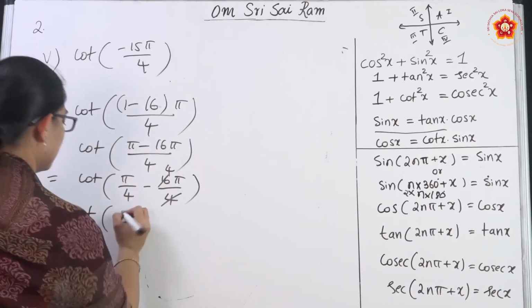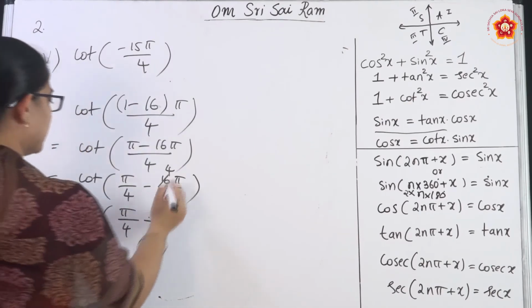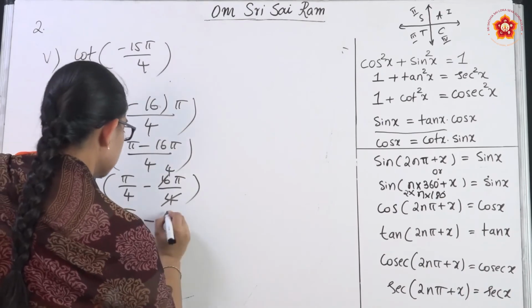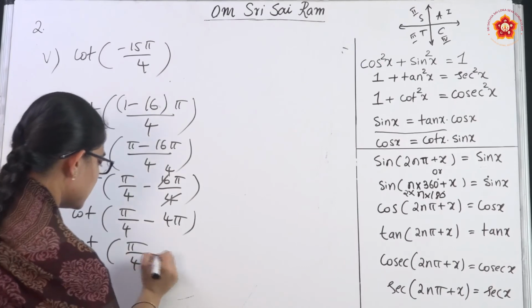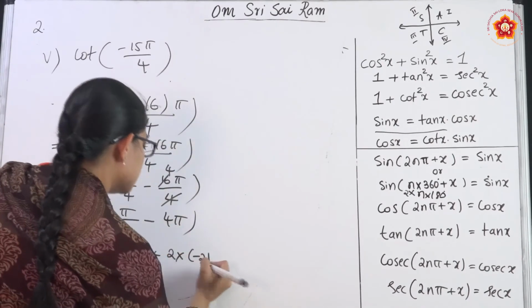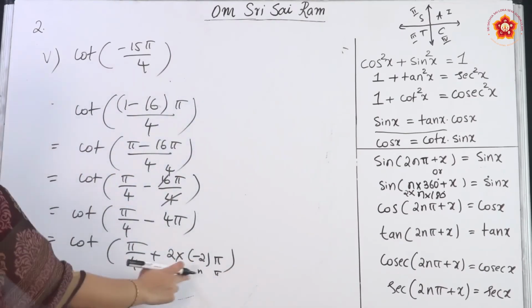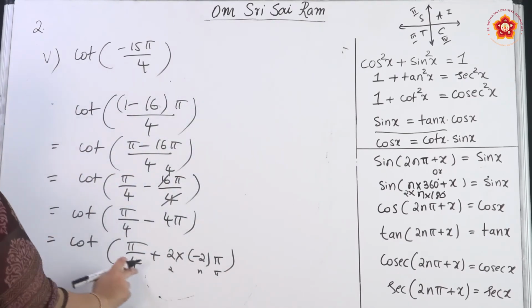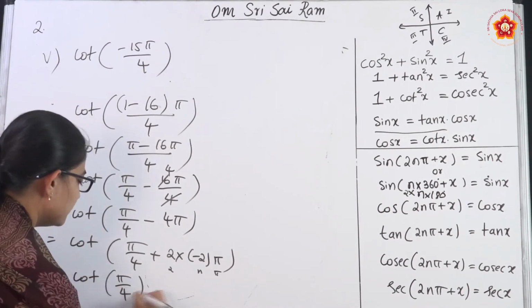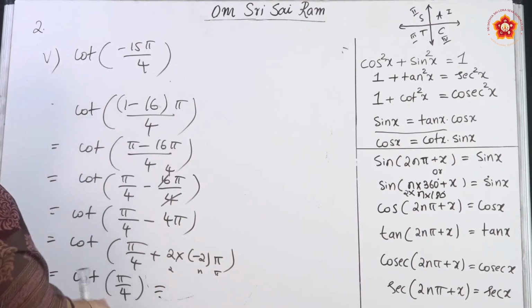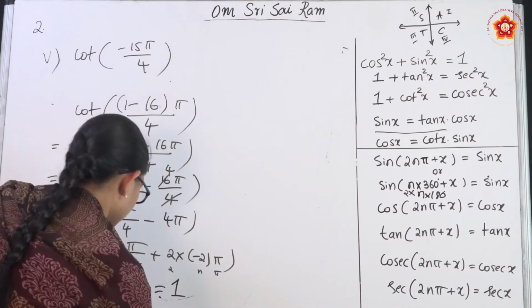Now how can we express this in terms of 2n pi plus x? Here minus 4 pi can be expressed as 2 into minus 2 pi, correct? This is 2n pi. So 2n pi plus x gives cot x. So that is cot pi by 4. You know tan pi by 4, that is tan 45, is 1. So cot pi by 4 is also 1.